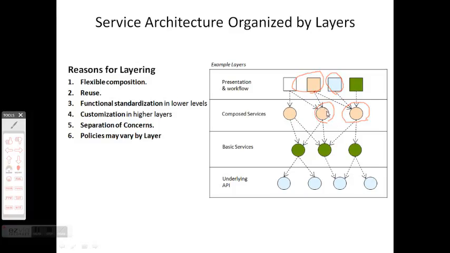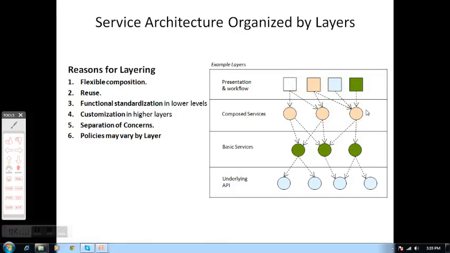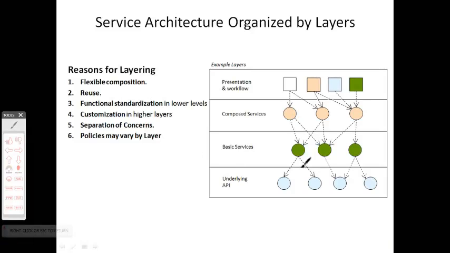For example, a tax calculator as a complex service could be used in both payroll as well as the sales process. And then in turn, those complex services such as invoicing and so on could be broken down into smaller pieces of basic services.